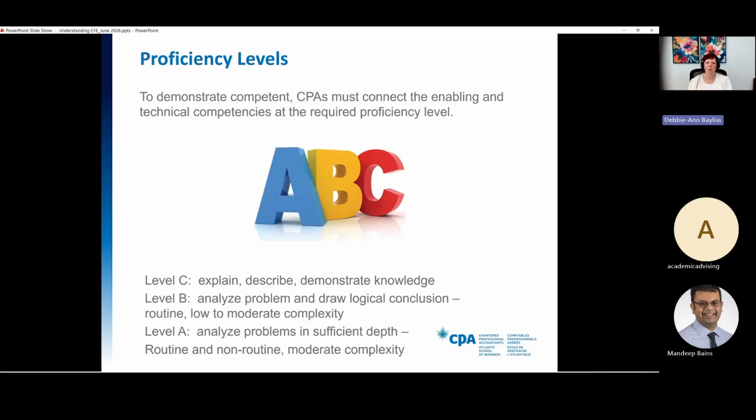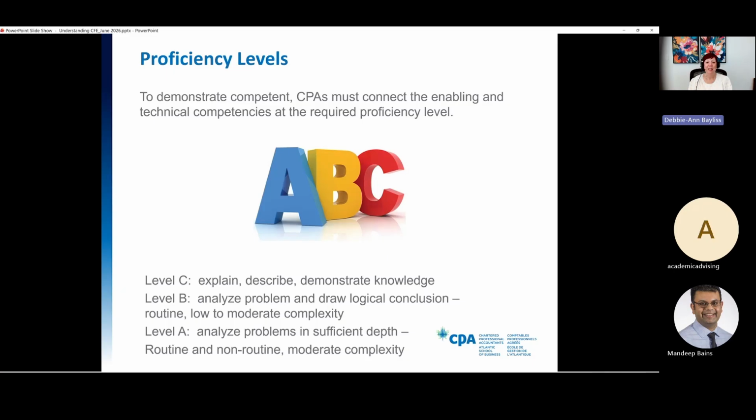So let's take a moment to talk about the proficiency levels. Now, the good news is the proficiency level clearly communicates where you should prioritize your time. And it also gives you a really strong sense of the amount of effort you need to put behind to achieve a competent response.